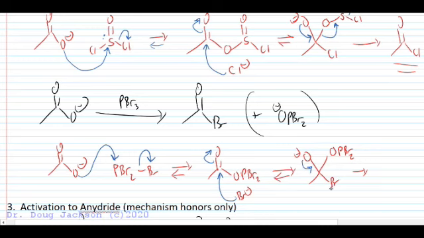And so when that collapses, we kick that off as a leaving group. Phosphorus takes on a dipole nature here to stabilize. We get our acid halide and then OPBr2 with a minus formal charge there on that oxygen.